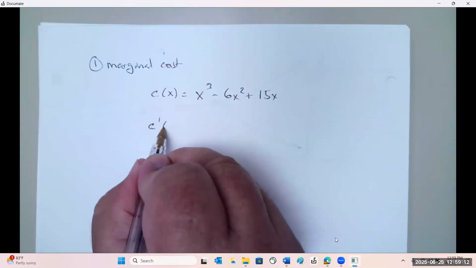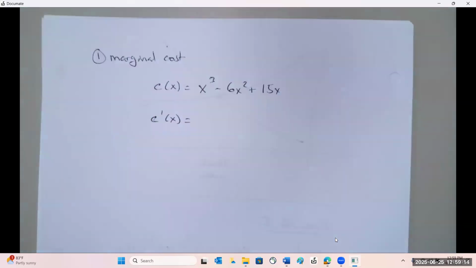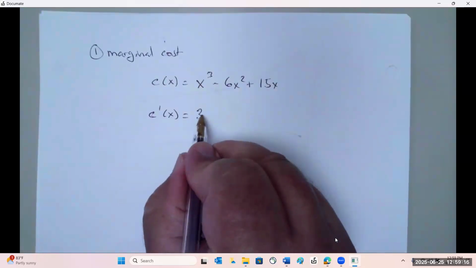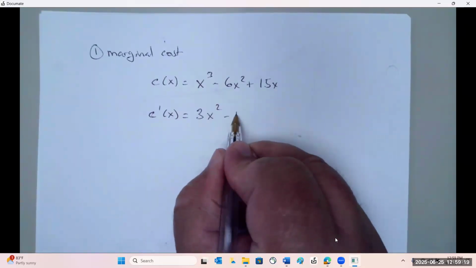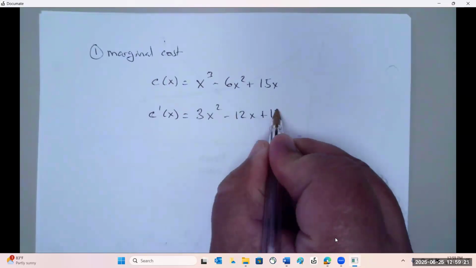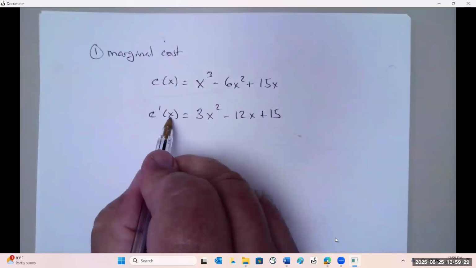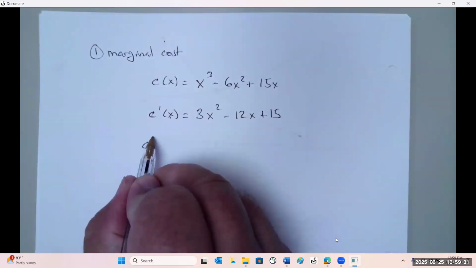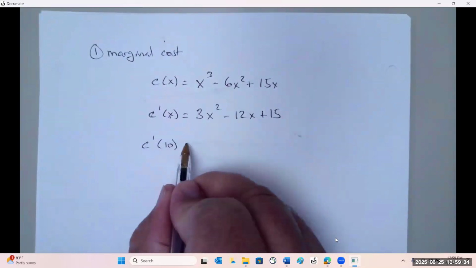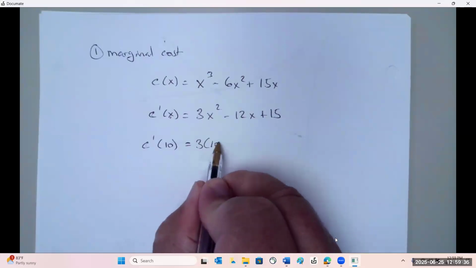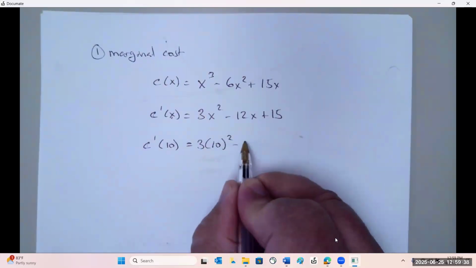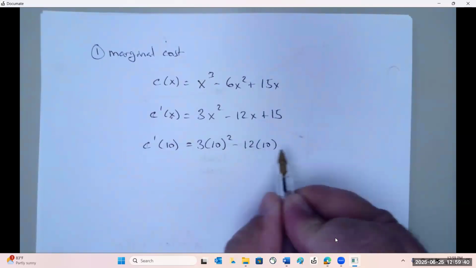The marginal cost is the first derivative, which becomes 3x squared minus 12x plus 15. That's the change. Currently, we have 10, so anywhere we see an x, we put a 10.